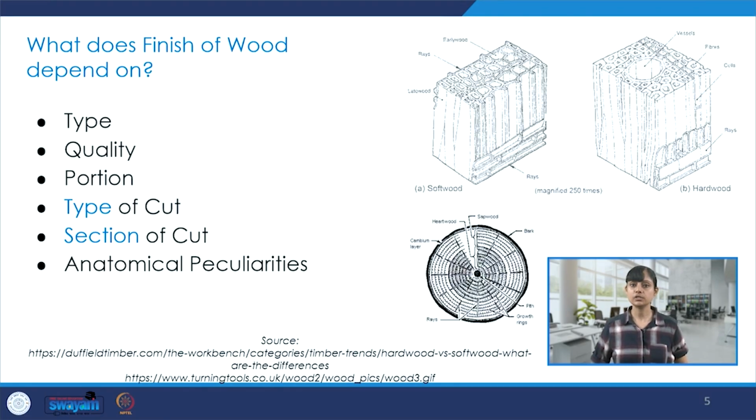And first of all, we tried to understand the anatomy of wood.